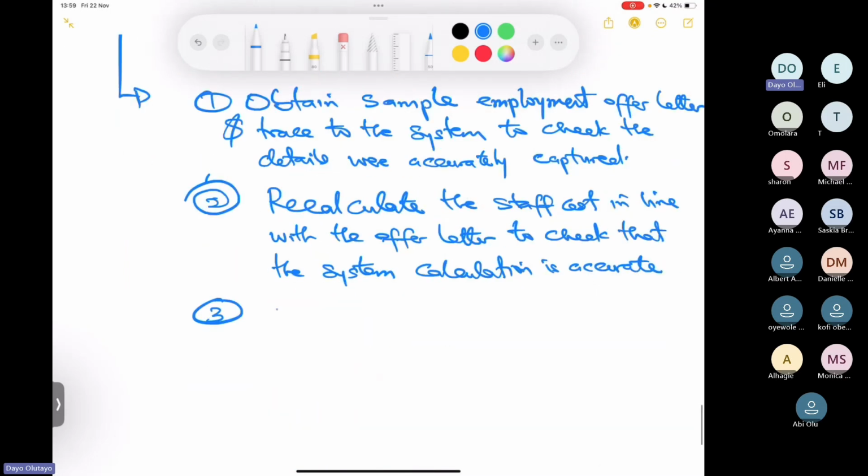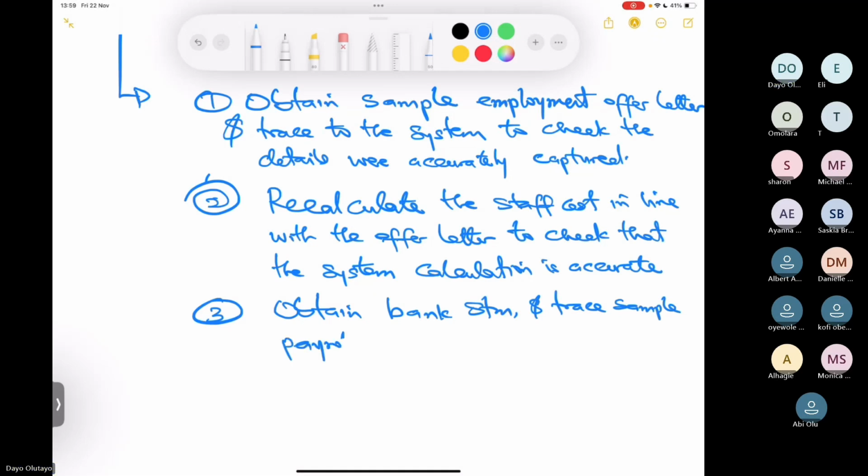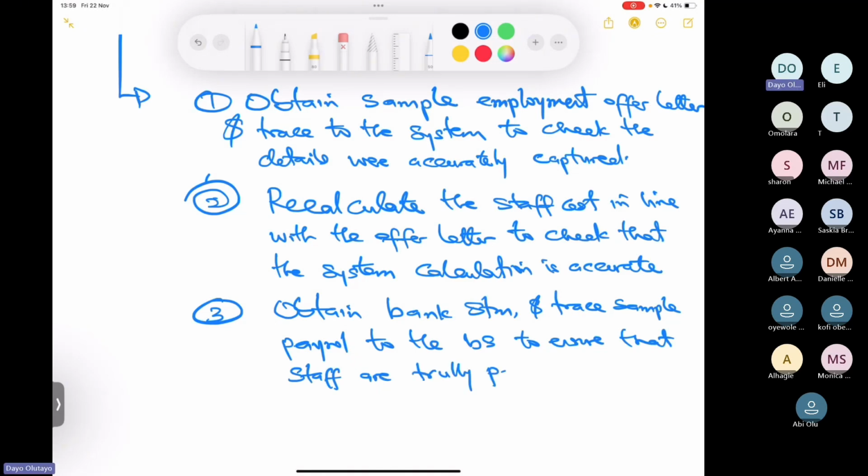So you need to obtain the bank statement and trace sample payroll to the bank statement to check that staff are truly paid.